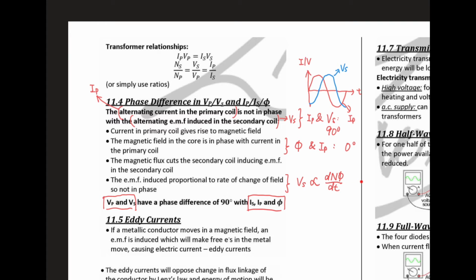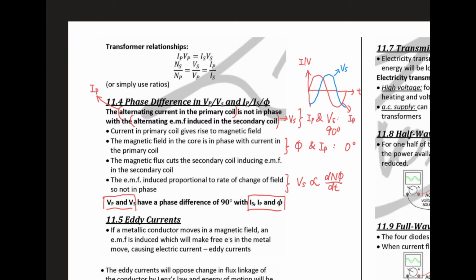The sine graph, after differentiation, becomes cos graph. Because of that, there is a phase difference. So at the end, what to remember is, just remember these two have a phase difference of 90 degree with these three. Must memorize.